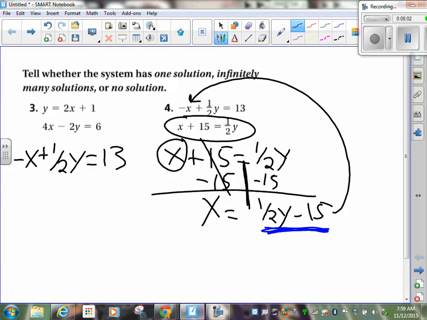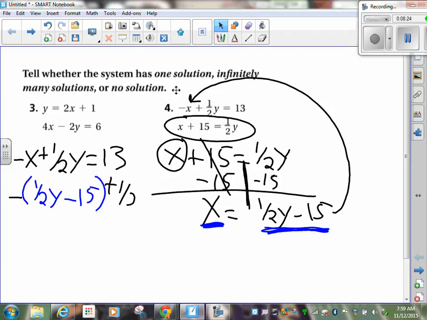Now, go back and put in negative, but what does X equal? Parentheses, 1/2 y minus 15 plus 1/2.